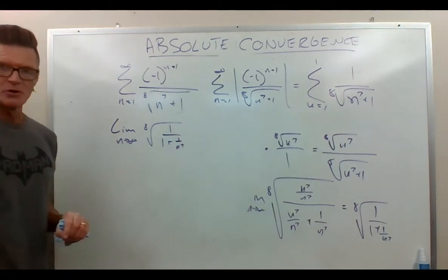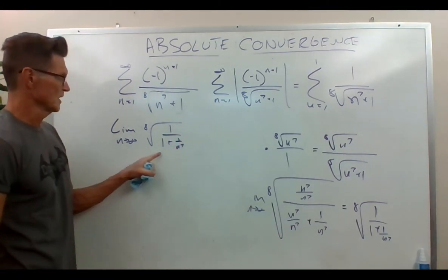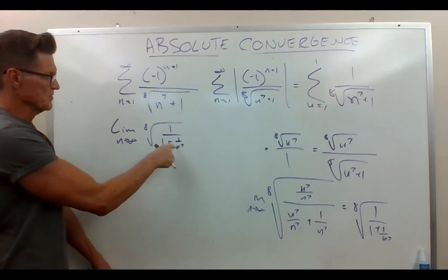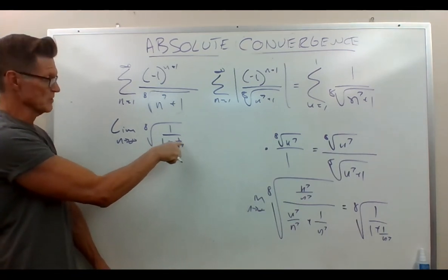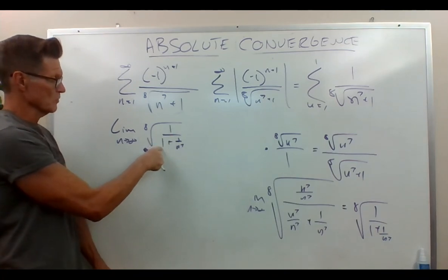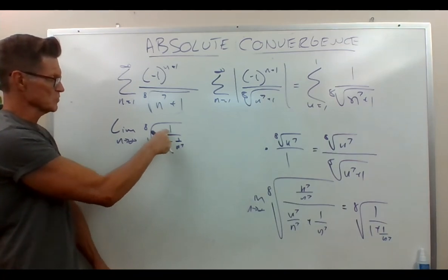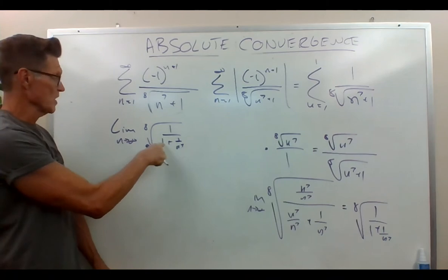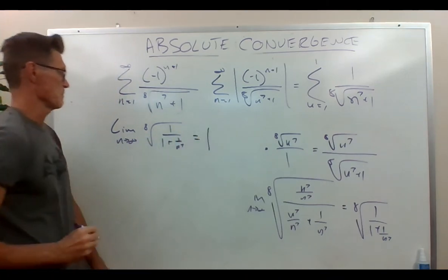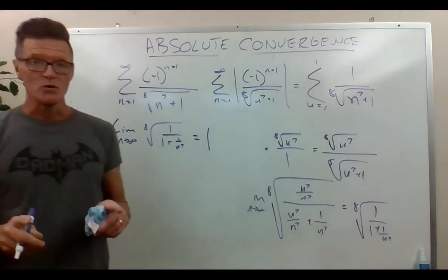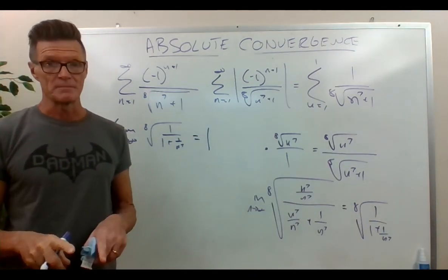As we let n approach infinity now, we can see what's going to happen. This is going to become 0. 1 over infinity will be 0. So we have 1 divided by 1 plus 0, which is 1 divided by 1, or 1. The 8th root of 1 is 1. Boom. So the limit is equal to 1.